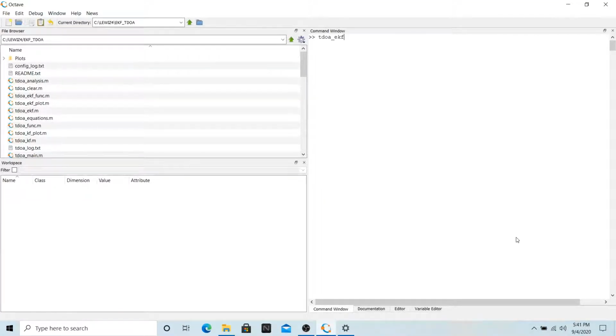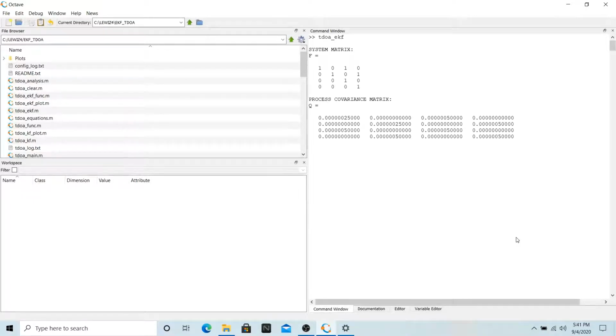In order to deal with the nonlinear nature of TDOA measurements, we need to use the extended Kalman filter. The extended Kalman filter uses partial derivative forms of the measurement mapping equations so that it can linearize the measurements received in real time. For this purpose, first we need to get the symbolic expressions of the equations used in the TDOA method.